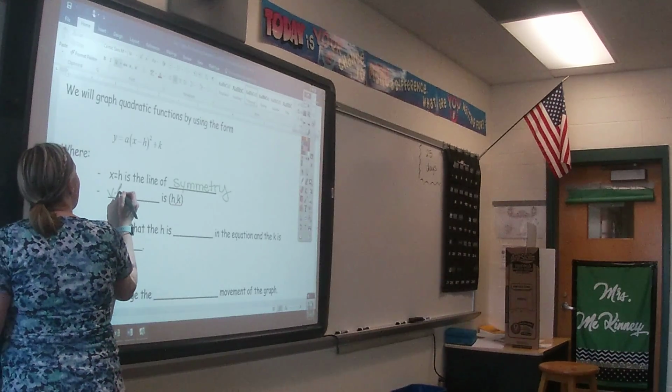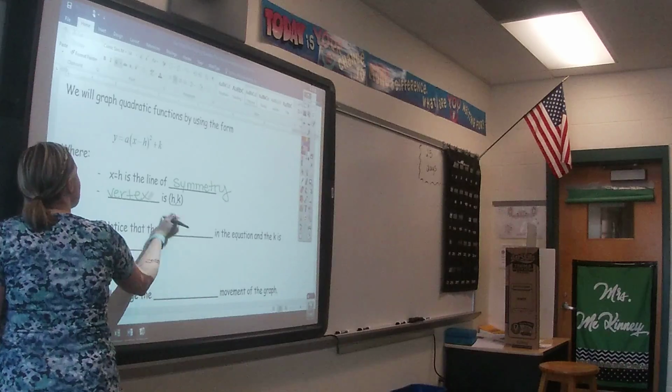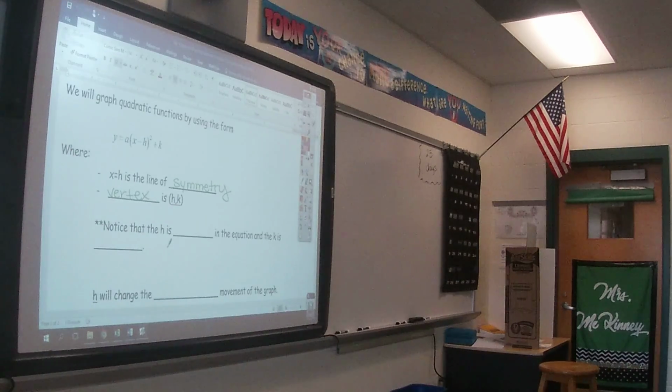The vertex is going to be identified by (h, k). So again, if we look at the formula and we find h and k, we will then be able to identify what the vertex is.